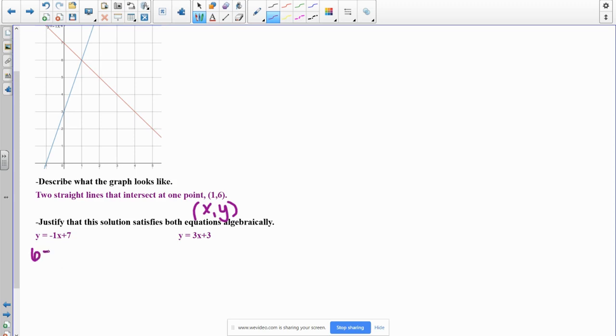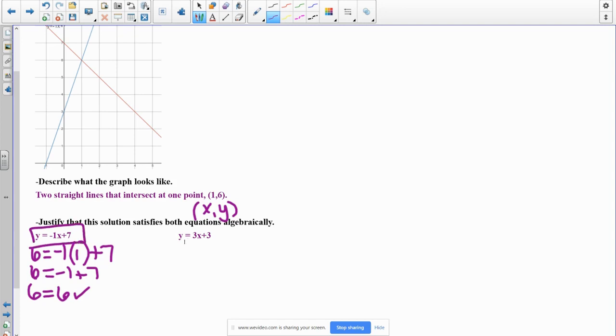So 6 equals -1 times the x, which is 1, plus 7. Multiplication first: -1 times 1 is -1, plus 7. And -1 plus 7 is 6. So I can guarantee the point (1, 6) satisfies the equation of the red line.